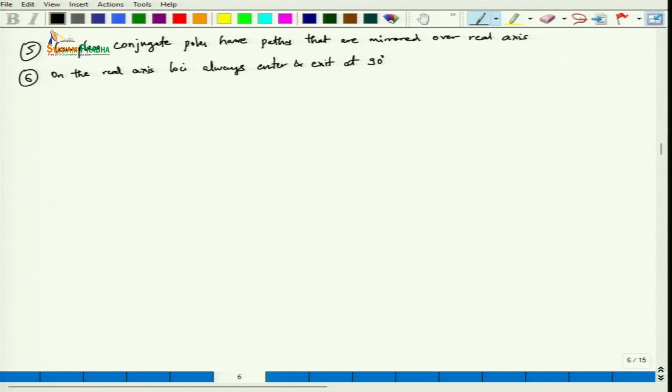So the angle between the loci and the real axis is always going to be 90 degrees.